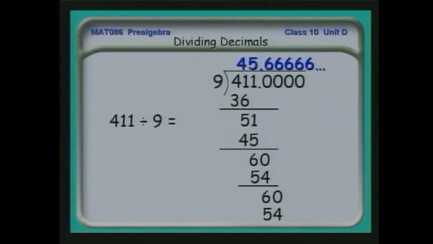One way to deal with this, for example, might be to round it to the nearest hundredth and get 45.67. But because this occurs so frequently when you're dealing with decimals, there's actually a special notation we use for a repeating decimal, and it's this. I could express the quotient, the result of the division, this way: 45.6 with a bar over it, and that bar indicates that that 6 repeats forever in the decimal expression.